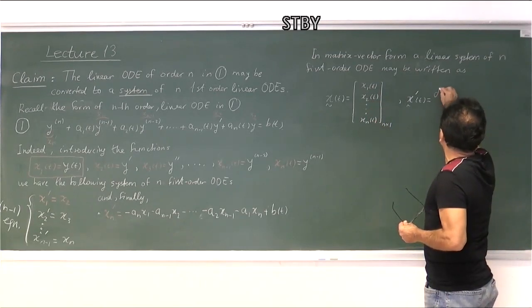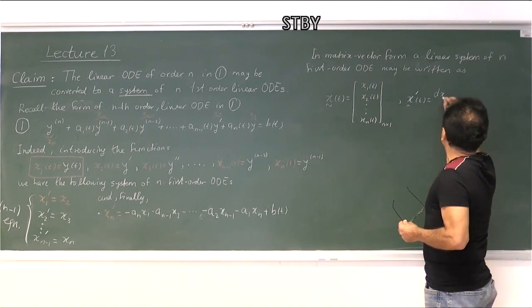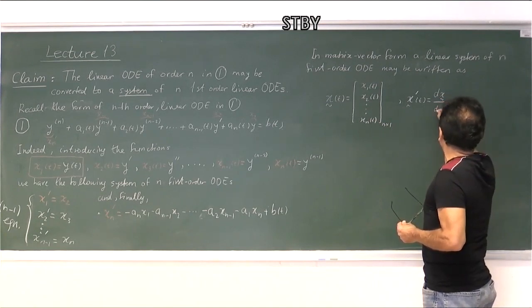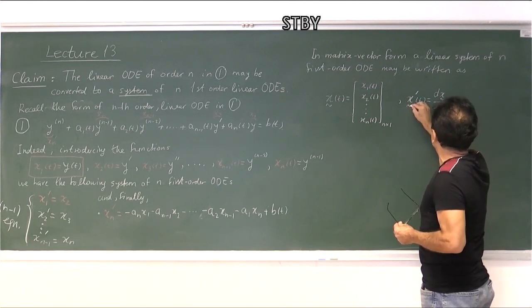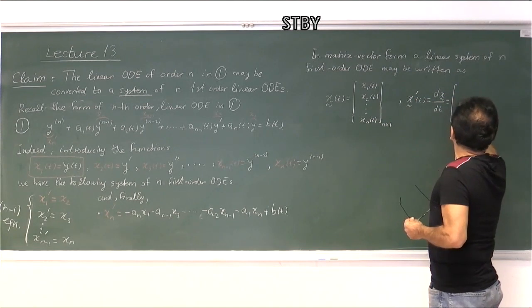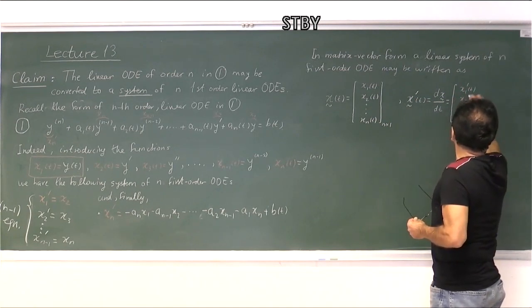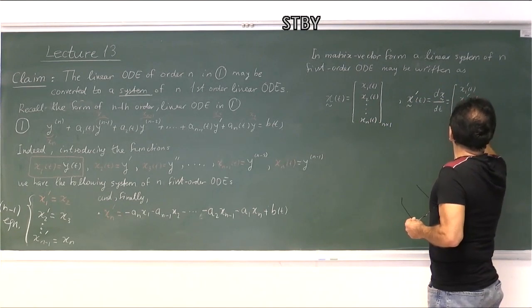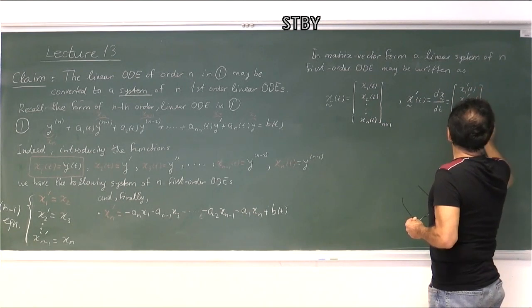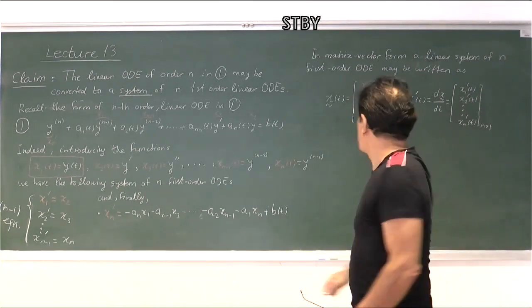Therefore, it is this, or even this notation may be used, dx dt. We can take the derivative of a vector: x1 prime, x2 prime, xn prime of t. Of course, it is an n vector valued function.